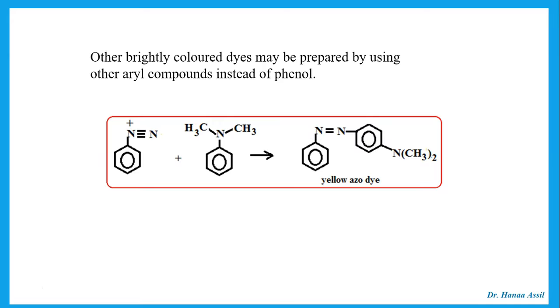Other brightly colored dyes may be prepared by using other kinds of benzene compounds or aryl compounds instead of phenol. So whatever we add to that diazonium salt, it attaches to the carbon number 4 of the benzene ring.